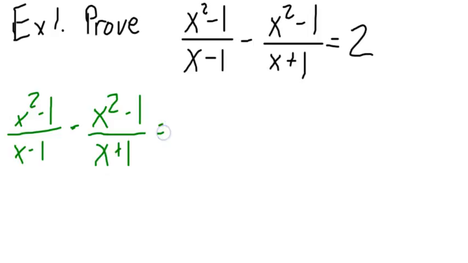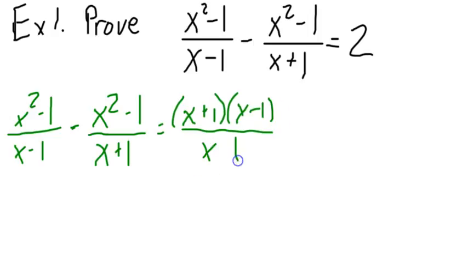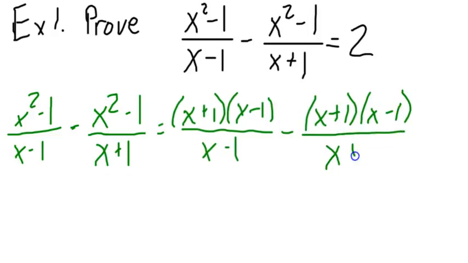If you look at the numerator, you should recognize those are a difference of squares. So they factor into x plus 1 times x minus 1 over x minus 1 minus x plus 1 times x minus 1 over x plus 1.